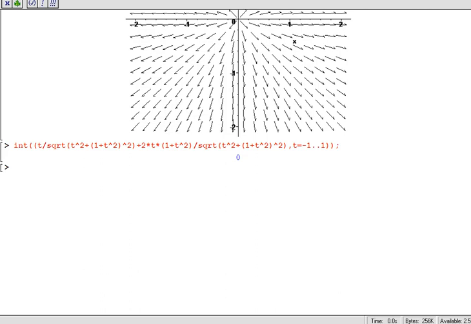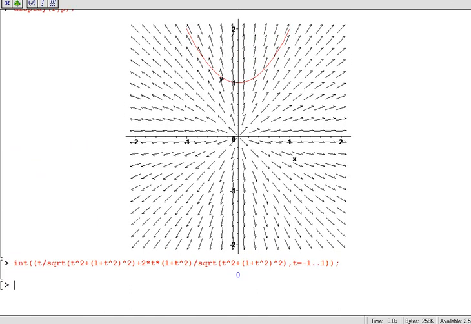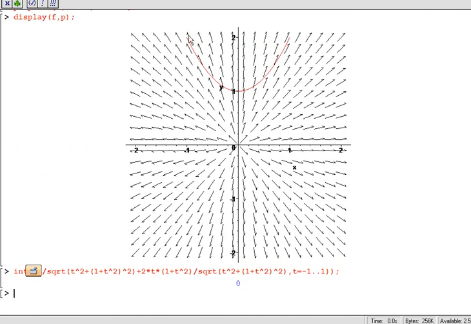So when I integrate f dotted with r prime, I get 0. Just as I thought, because again, if you look at this, as you travel the parabola in quadrant 2, the vectors are pointing in the opposite direction. As you travel the parabola in quadrant 1, the vectors are pointing in the same direction, and those cancel each other out.